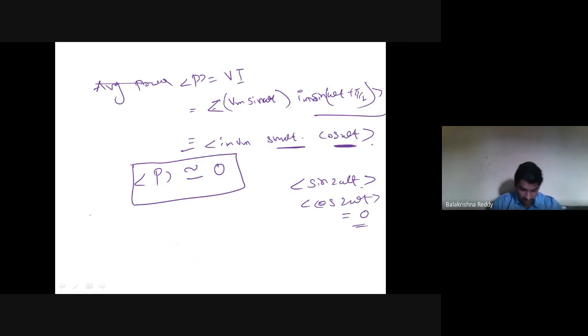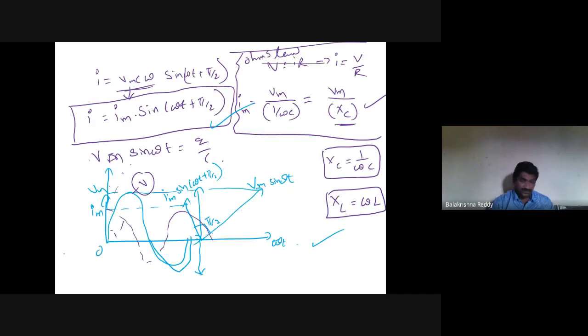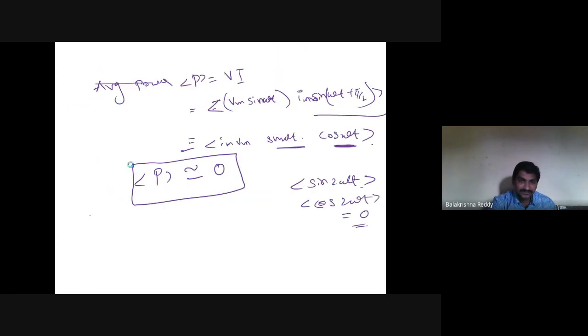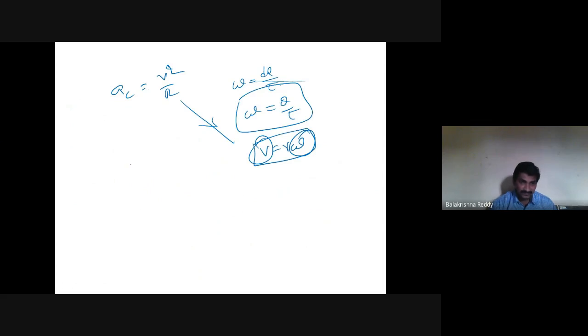Now let us discuss a small example here. What is the question given? The question is that a lamp is connected in series with a capacitor.